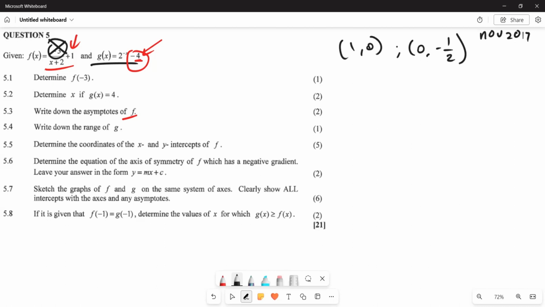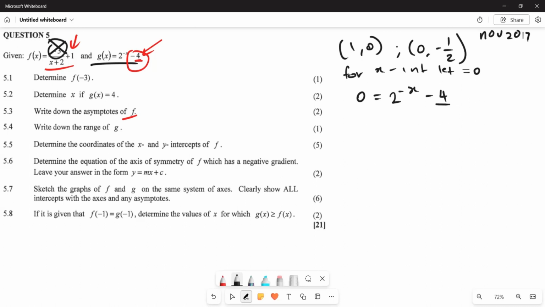Now for the graph of g, what did we have, right? We are going to look for the x-intercept and also the y-intercept. So for the x-intercept, you let your y be equal to 0. So 0 equals 2 to the power of negative x minus 4.